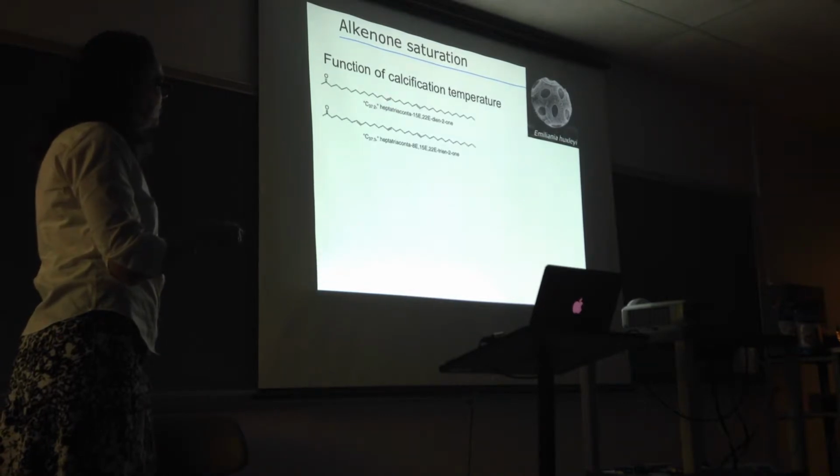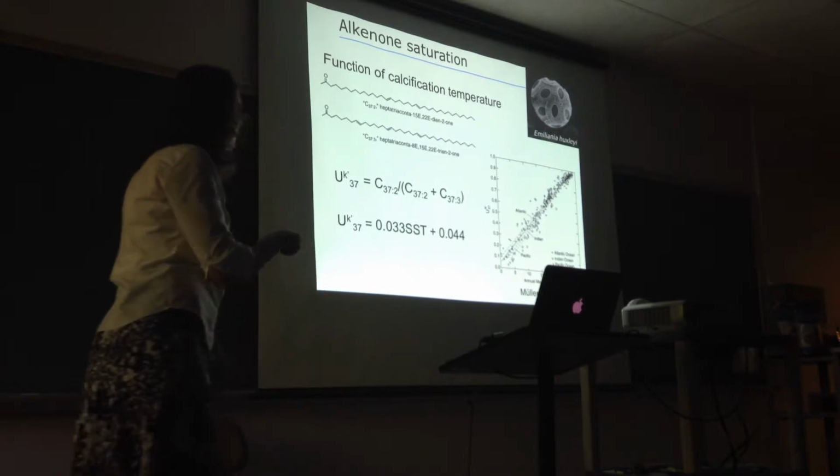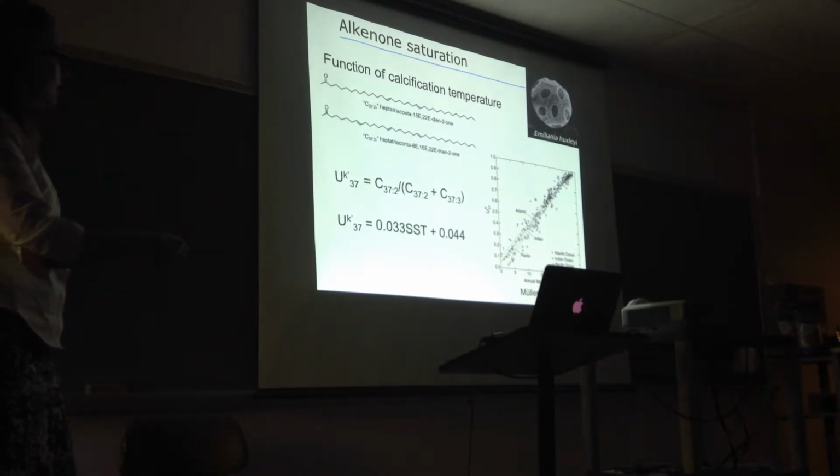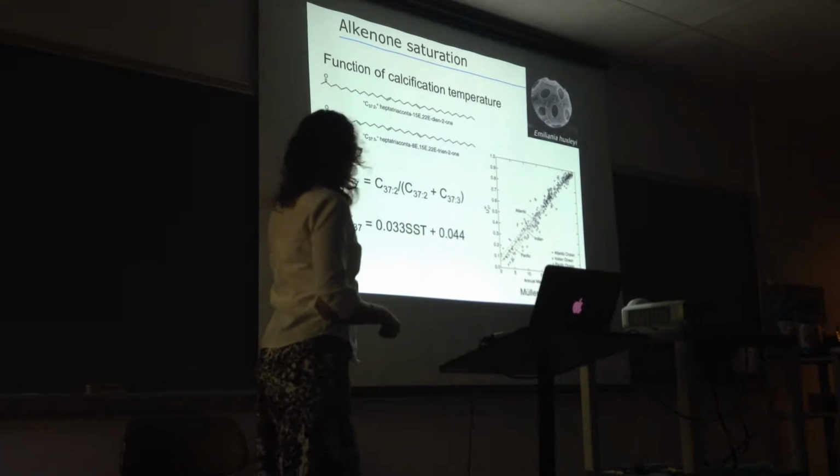This one has 2 double bonds, one right there and one right there, and this one has 3 double bonds, 1, 2, 3. It turns out that the ratio of the one with 2 double bonds, that's what the 37:2 means, the amount of the one with 2 double bonds compared to the total, we call that the U^K'_37.